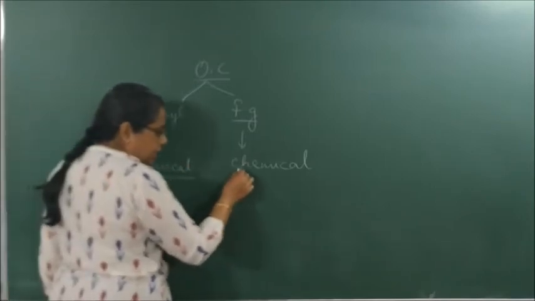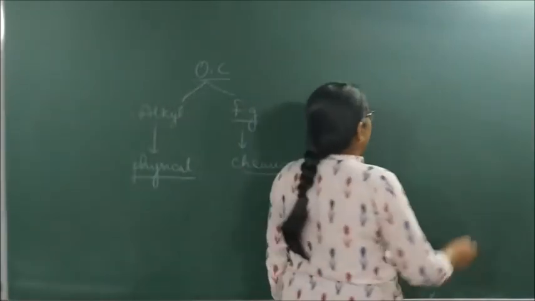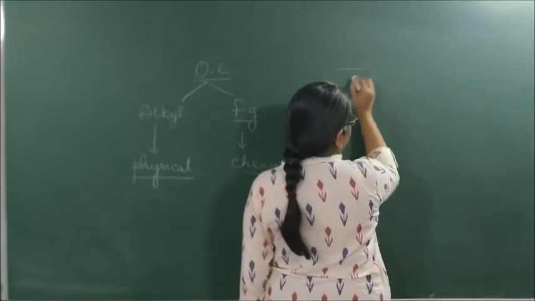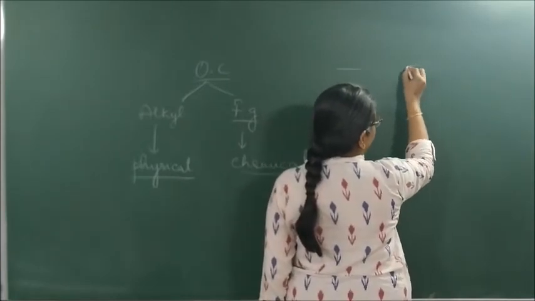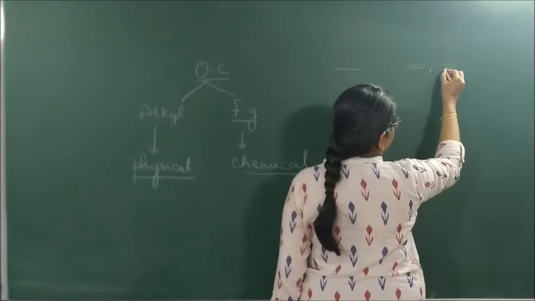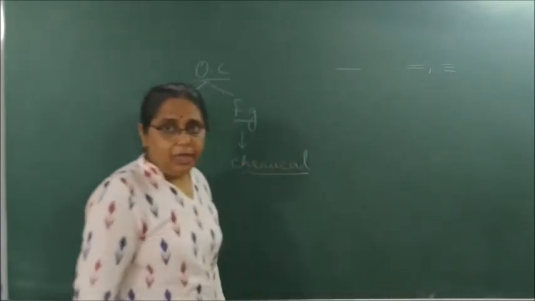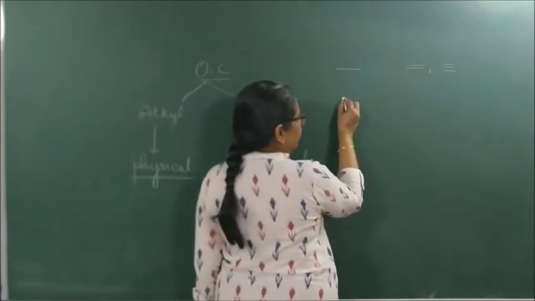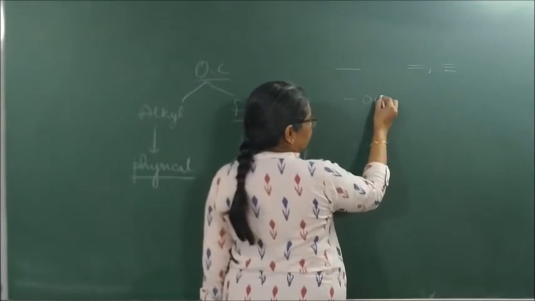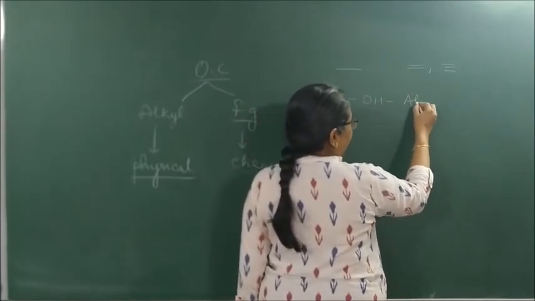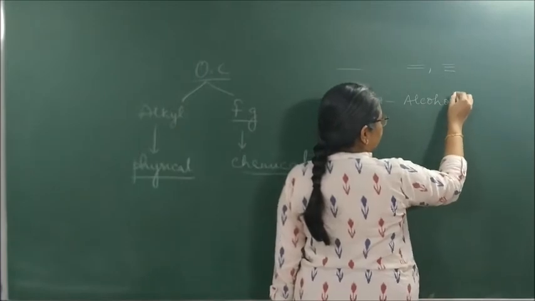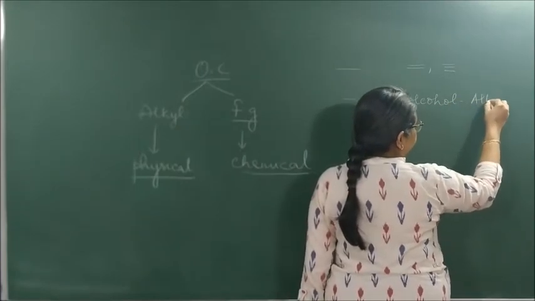We studied hydrocarbons as saturated if they have a single bond, unsaturated if they have a double or triple bond. Fine. Then we studied the functional group OH. This is the functional group of alcohol. It is called what? Alkanol.